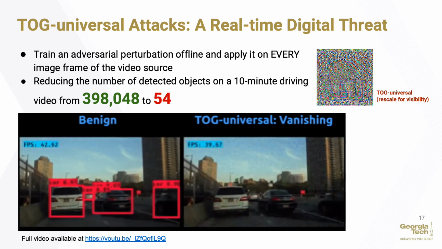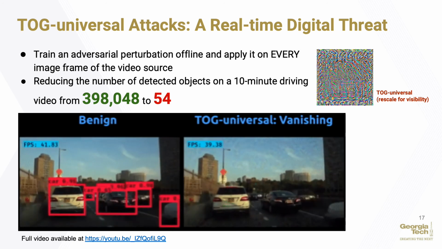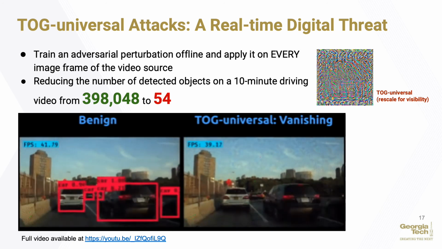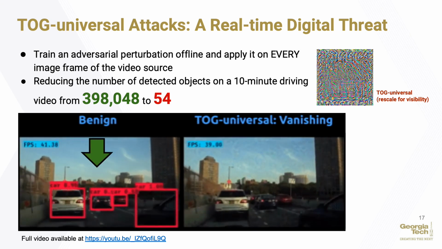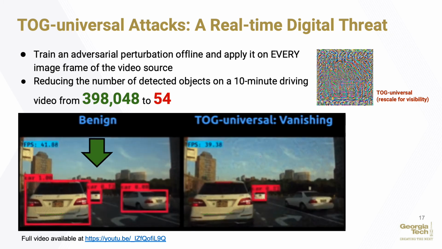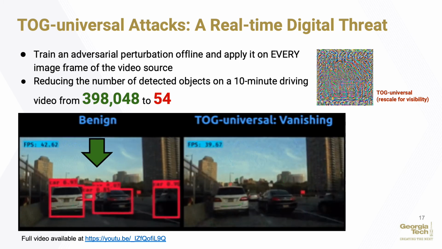After showing TOG's capability in bringing down the detection quality and launching attacks with a consistent and malicious effect, in the next few slides, I will demonstrate TOG as a universal perturbation attack or adversarial patch attack. We train a universal perturbation using the TOG vanishing formulation, and we have prepared a 10-minute driving video where the object detector can recognize around 400,000 objects.